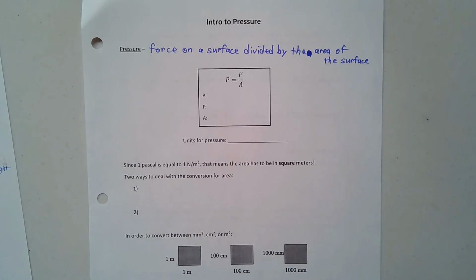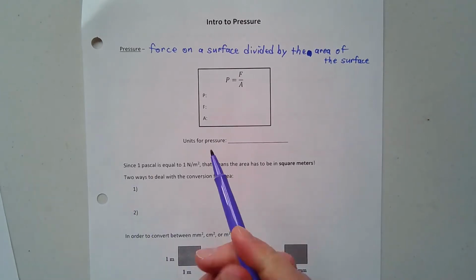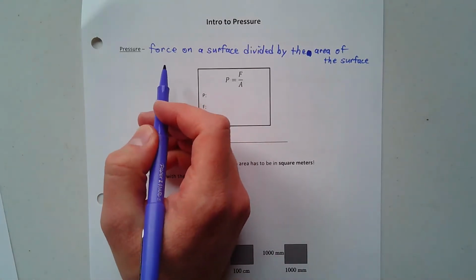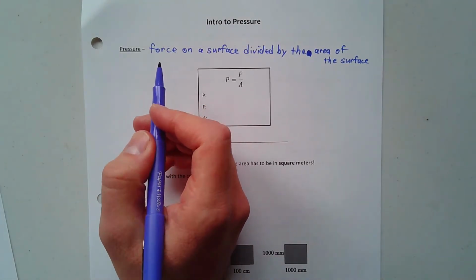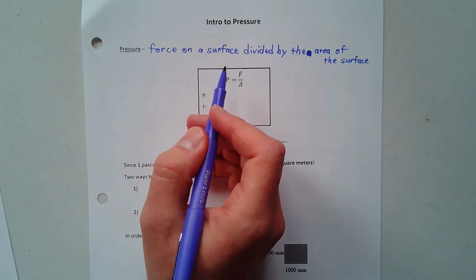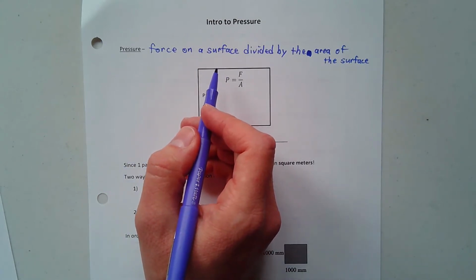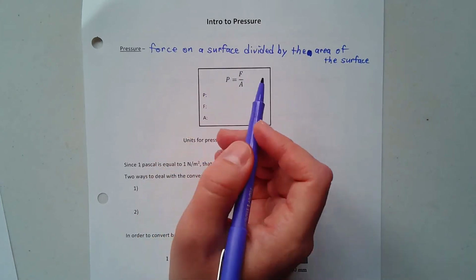So for right now, we're going to kick it off by discussing what I call just the generic mechanical view of what pressure means. In other words, in physics, when we say pressure, what are we talking about? It does include force, so we are talking about force again, and it's how that force interacts across a surface. So how spread out does that force get as it's being applied to a certain object or to a certain surface?